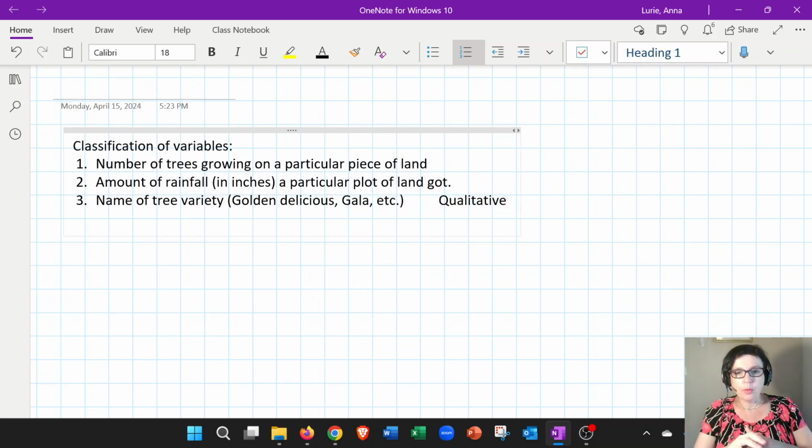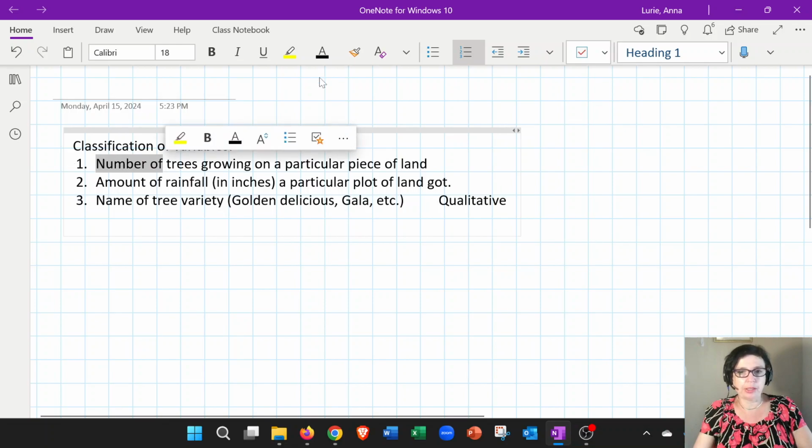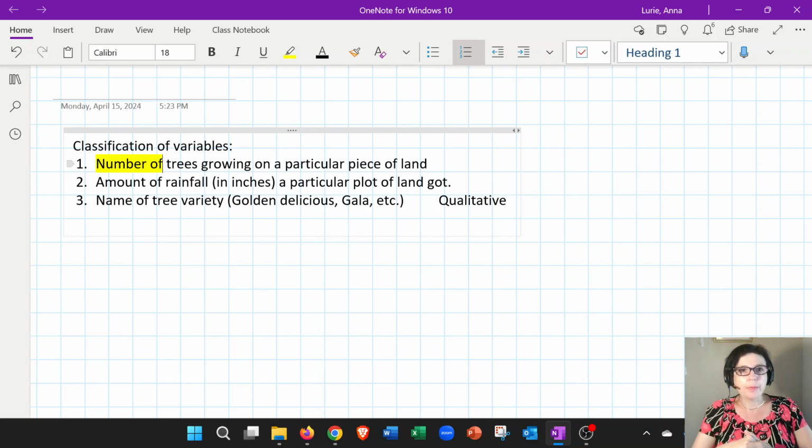So now, once we figure that out, we have to figure out for the other two, is it going to be discrete or is it going to be continuous? Because it's going to be basically one of each if it's a matching question, but doesn't necessarily. So one thing that you should pay attention to, if you see any description that starts with the words number of, so number of trees, how many trees, number of calculators that a teacher has, number of people on a bus, and so on.